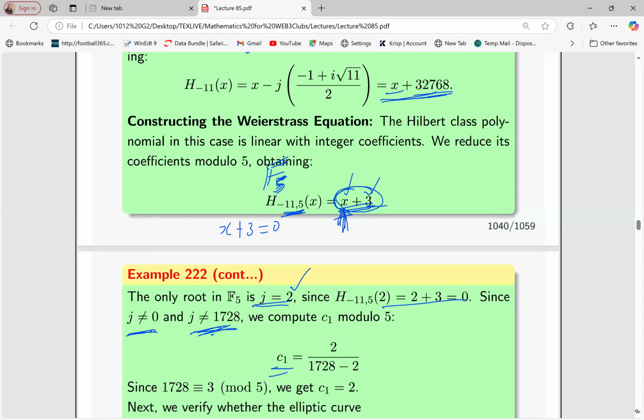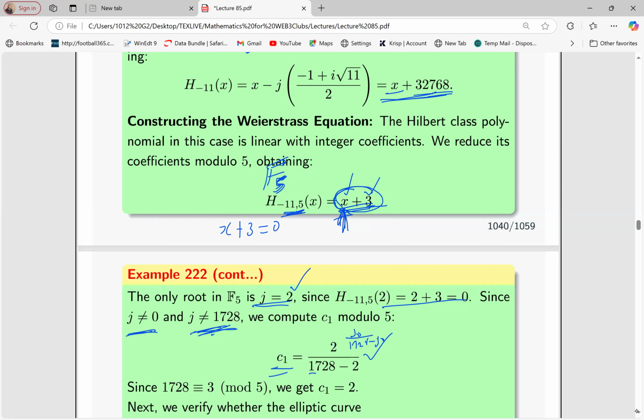We compute C1, and this is how we compute C1. If you check the formula above, it is J naught out of 1728 minus J naught. That was our formula. So when you do this, this would be 2.